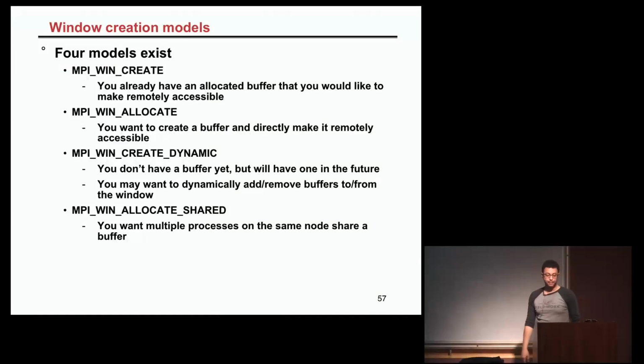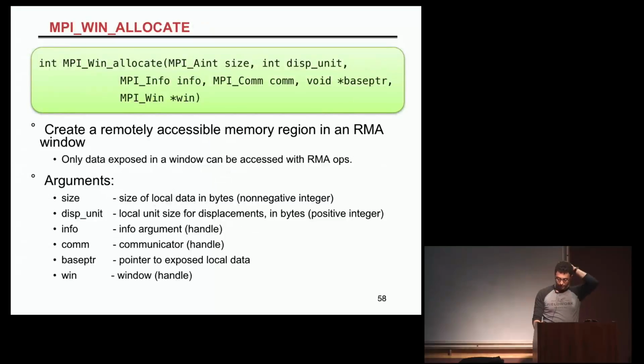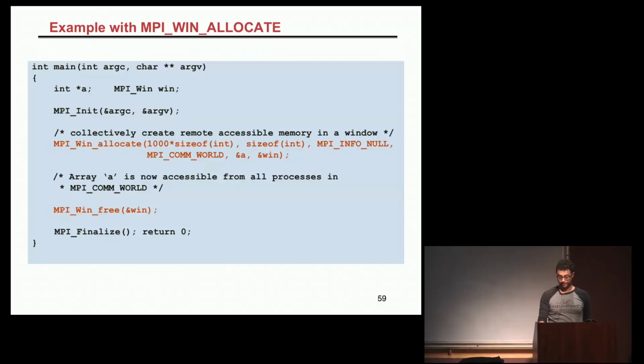Okay. There are many ways of doing this. Some of them are a little too complicated. Some of them only make sense when multiple processes share a buffer and so on. I'll just talk about the most common useful ones. So window allocate creates a window with a certain size and makes it immediately available. Here's the example.